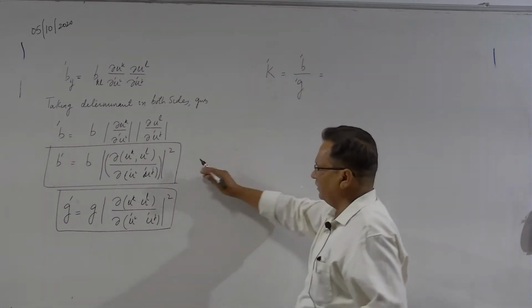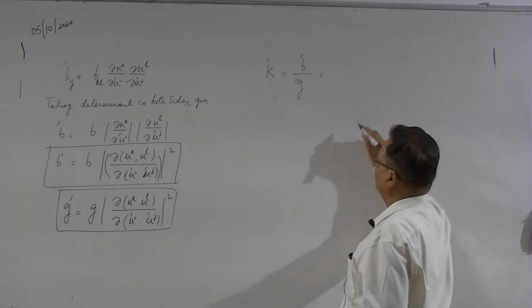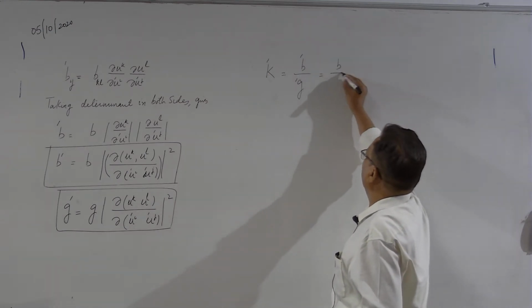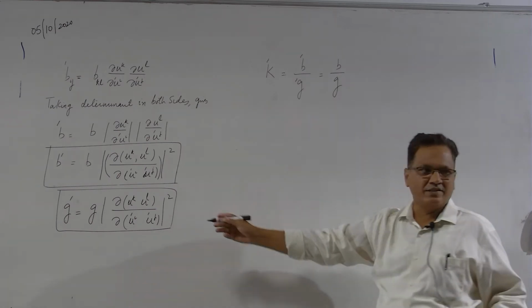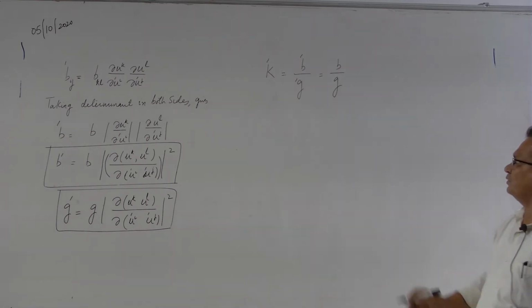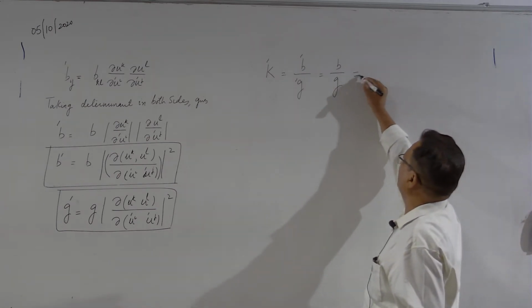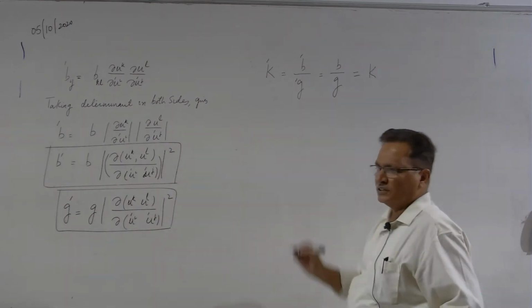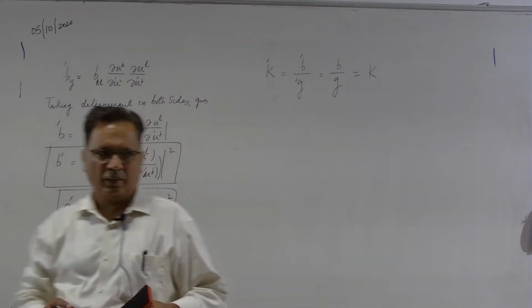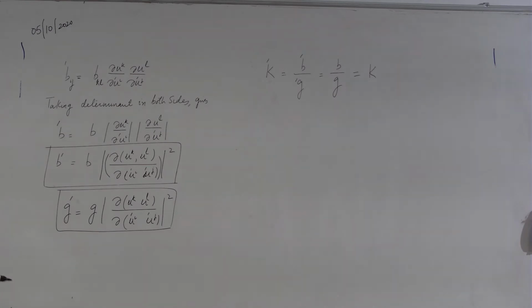Now, both the values are available to us. So, this will become simply b upon g, that you can easily see from the last two expressions. So, this proves that the Gaussian curvature remains the same in the two coordinates.